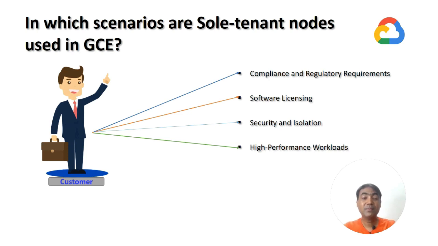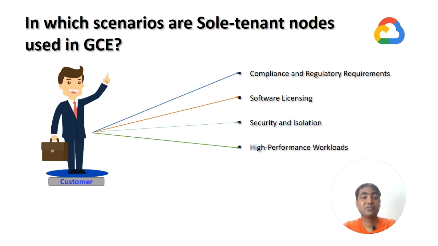Guys, if you have existing software licenses that are bound to physical hardware, using a sole-tenant node allows you to bring your own license to the cloud. Applications with security requirements or those handling sensitive data may benefit from the additional isolation provided by sole-tenant nodes.